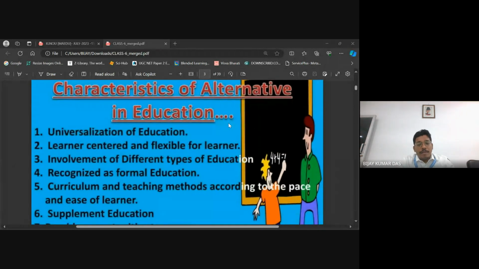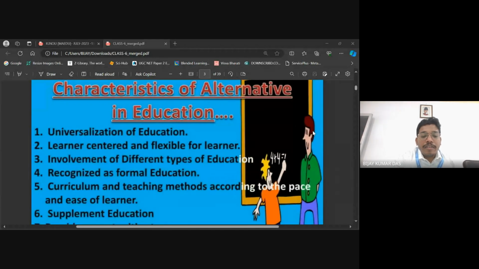What we have targeted is to fulfill the goals of the Government of India, as well as the Government of Odisha, who are working a lot. But the whole purpose is what? Alternative education is bringing universalization of elementary education. Another important thing.